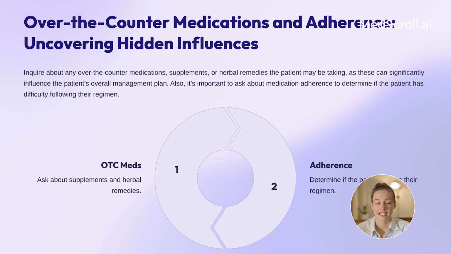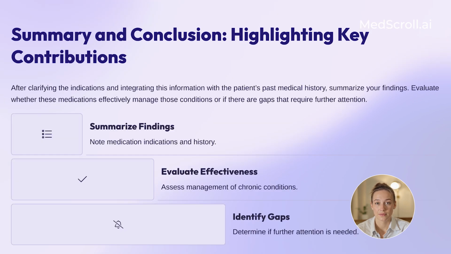After confirming the indications and exploring adherence, take a moment to summarize what you have learned about the patient's medication profile. This summary can serve as the basis for your preliminary past medical history documentation. It will help you tie together the clinical picture by highlighting how the medications contribute to both managing active problems and addressing past or inactive issues.